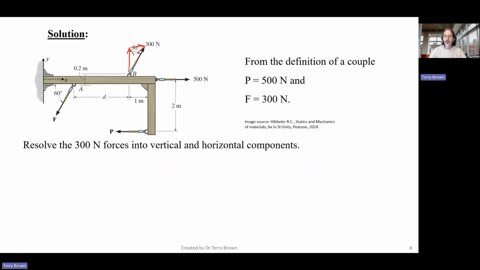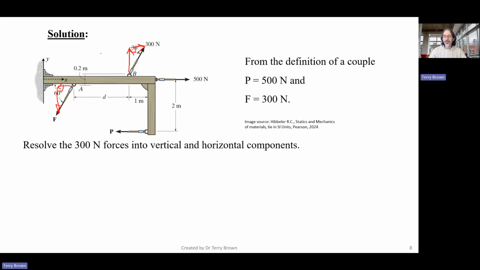Or you might have gone, let's do this one down here, and drawn your components like this. Typically that's how they show you to do it in physics and in high school, because you get your right angle Pythagoras triangle here.